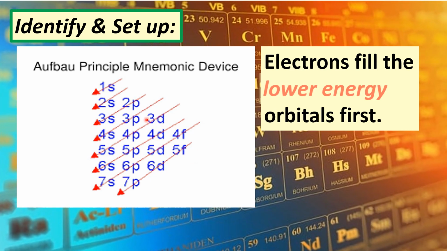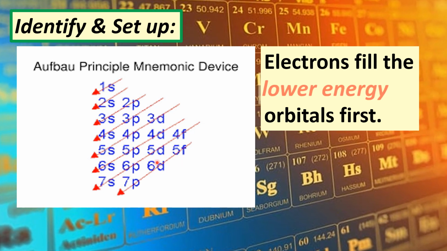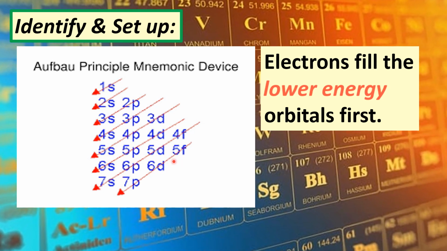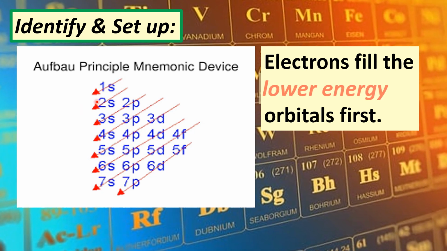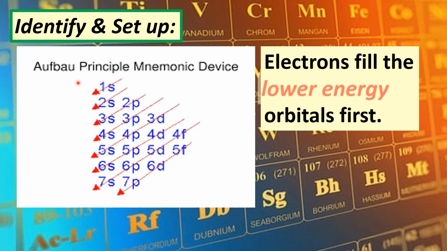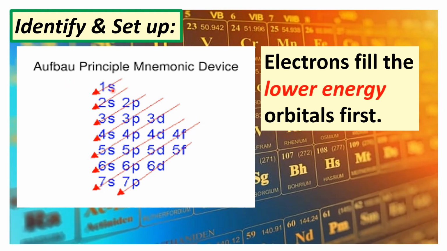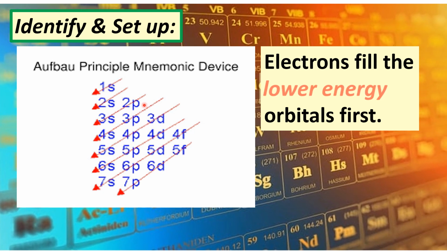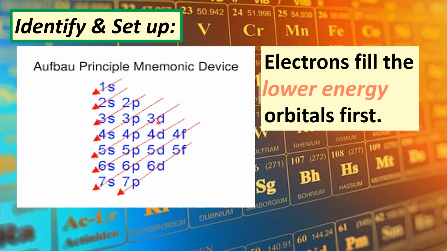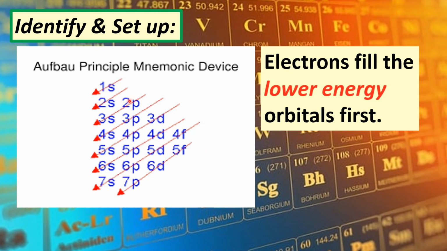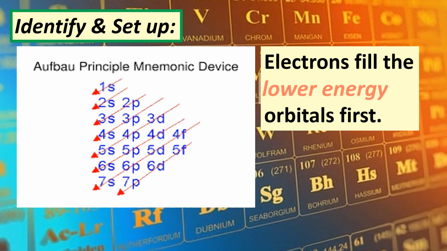There are some overlapping of the different orbitals, but this is according to the Aufbau principle. These orbitals or sub-energy levels are arranged in terms of the energy from lowest energy to the highest energy.